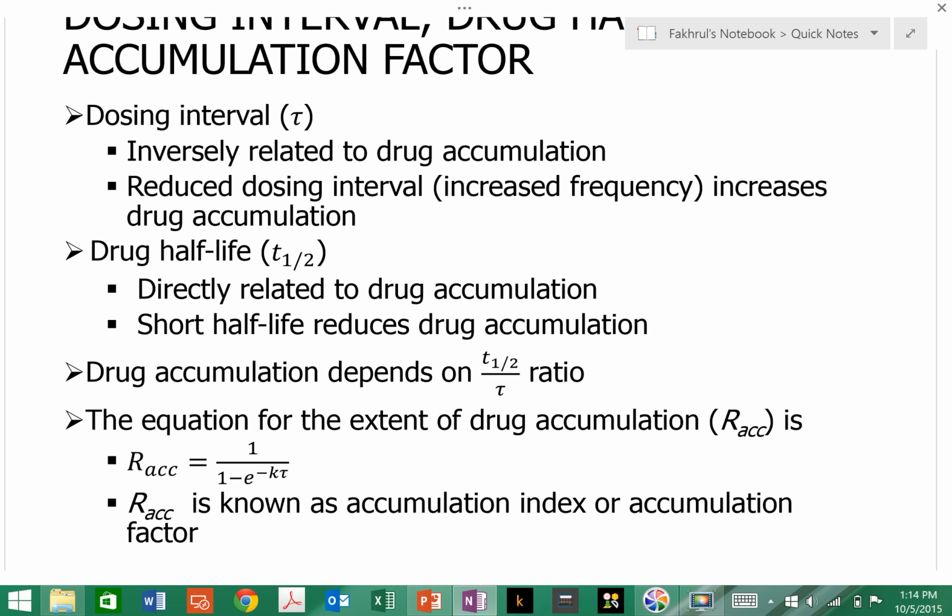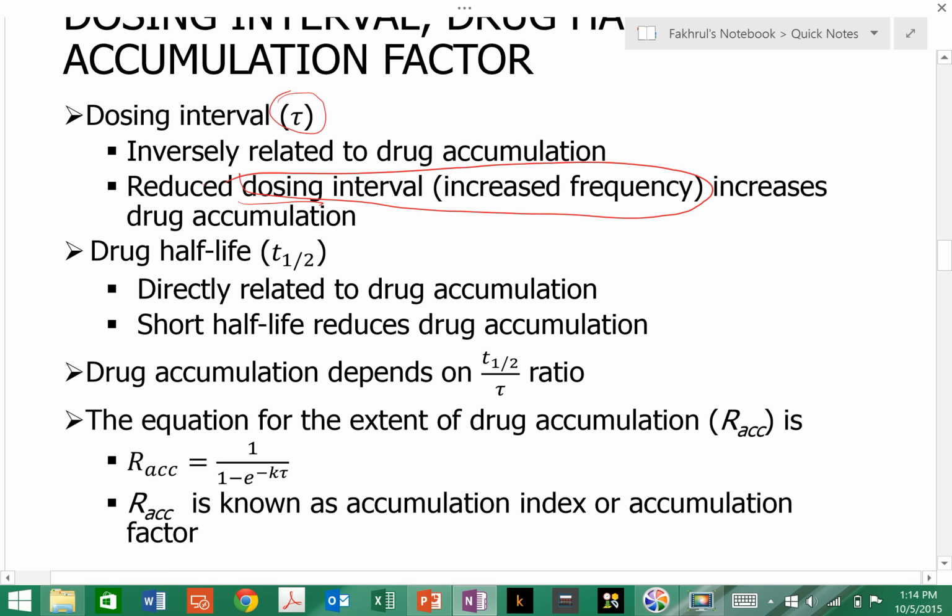Some other factors. This is a new term, called dosing interval. Dosing interval is inversely related to drug accumulation. That means reduced dosing interval, increased frequency, will increase drug accumulation.